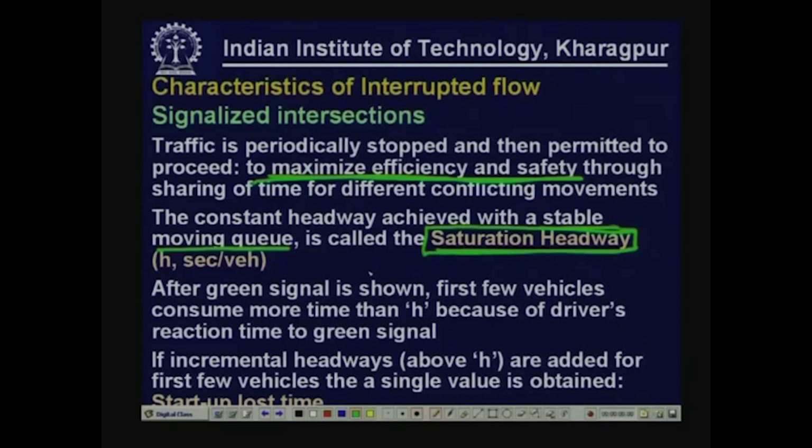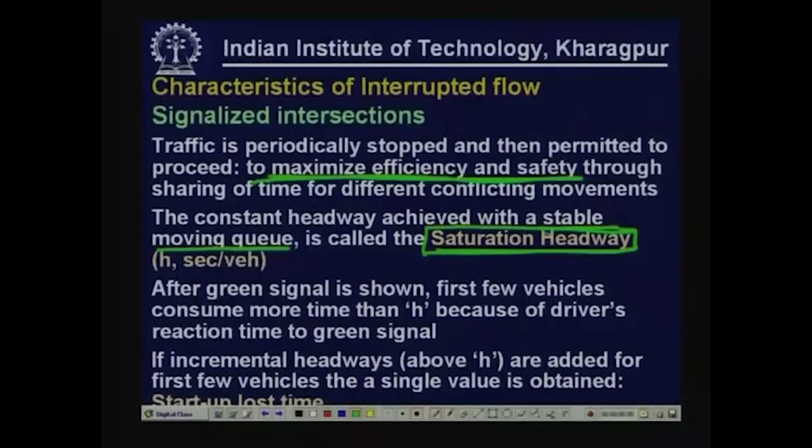So, what is saturation headway? The constant headway achieved with a stable moving queue. Initially, the moment the signal becomes green, a few vehicles may take a much longer time, and then after some time you will find that the queue stabilizes. So, it will move at almost a uniform rate. With a stable moving queue, the constant headway you get is known as saturation headway.